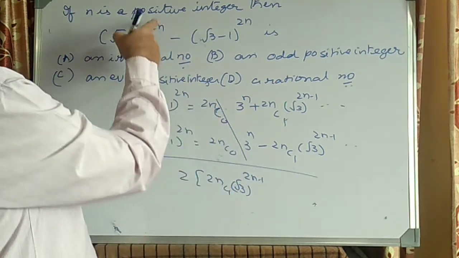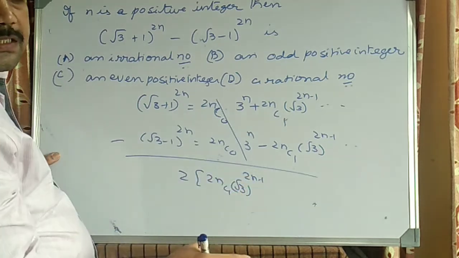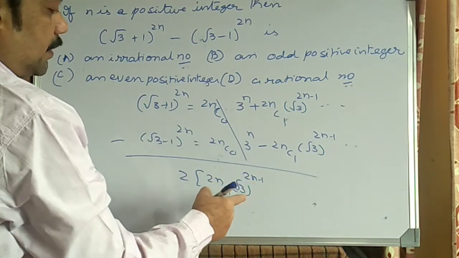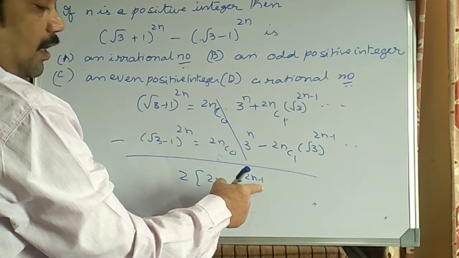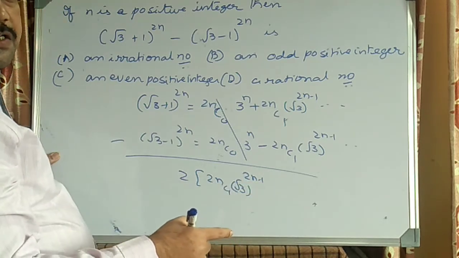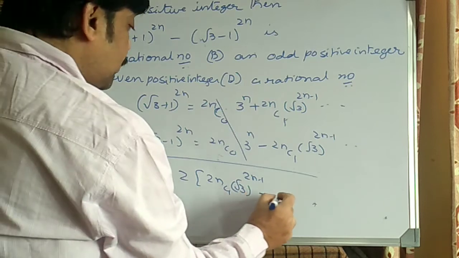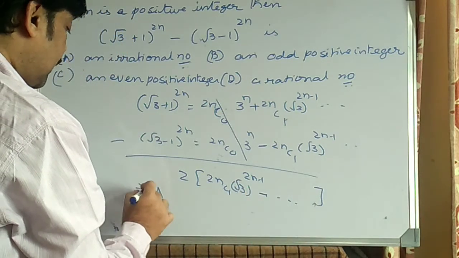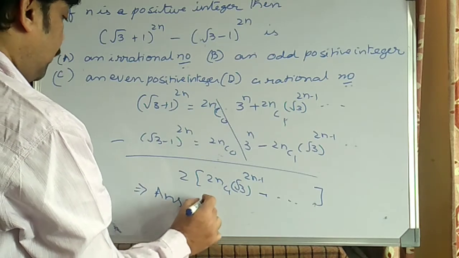Since n is a positive integer, 2n minus 1 is very clearly an odd number. So this root 3 whole to the power odd is an irrational number. So all the terms here are irrational. So the answer will be A only.